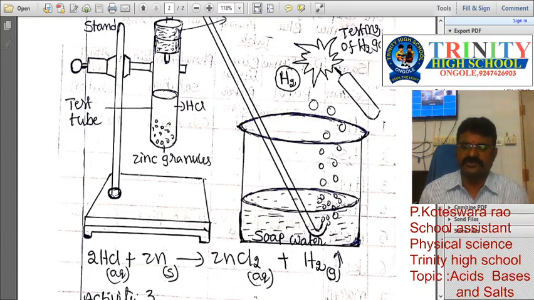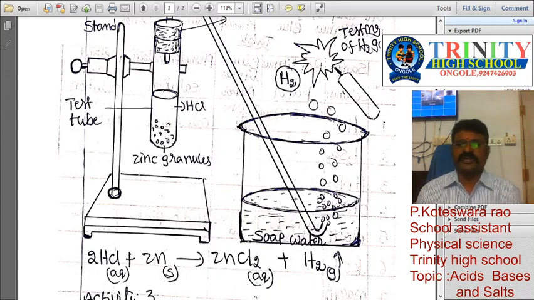HCl acid plus zinc metal produces ZnCl2, zinc chloride, aqueous, and hydrogen gas with an upward arrow. Are you okay? Have you understood, or shall I repeat it once again?